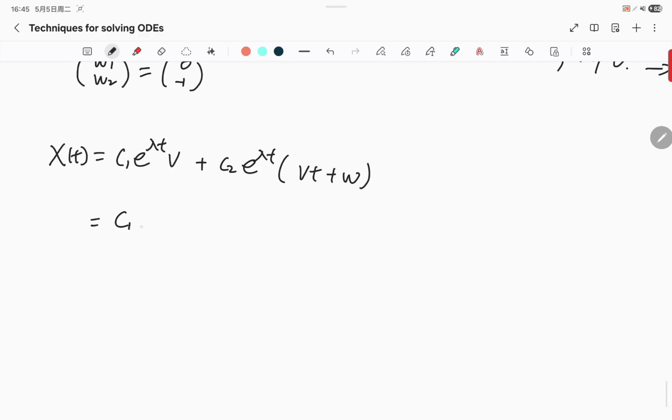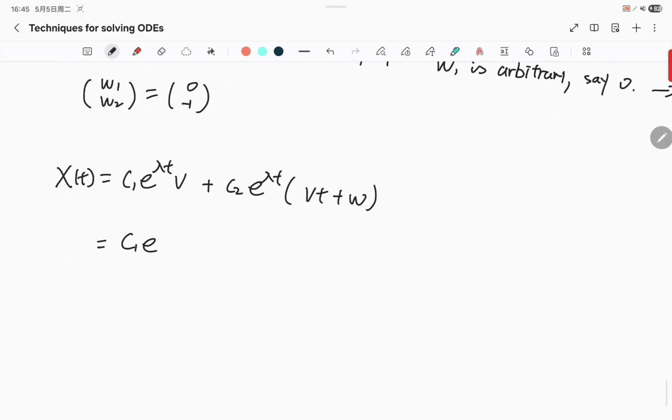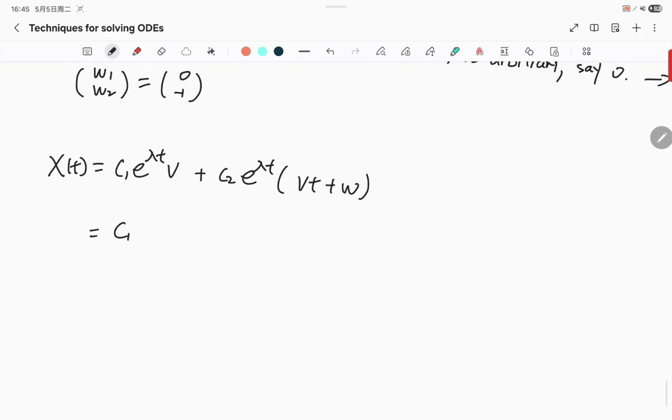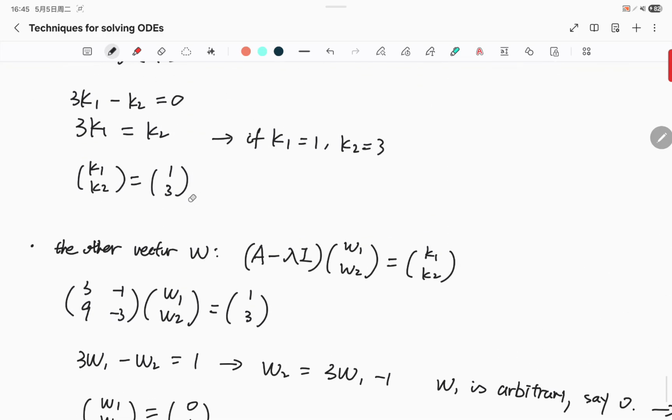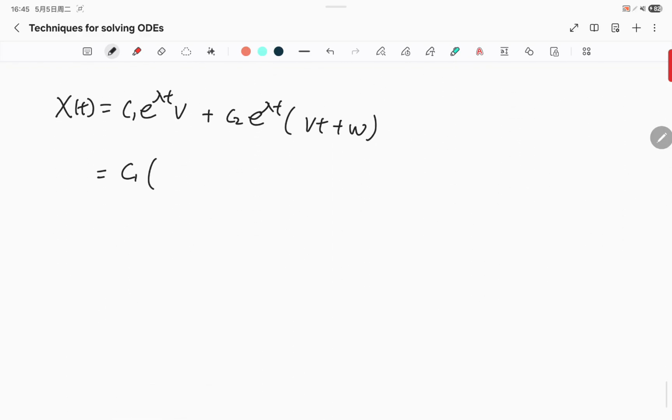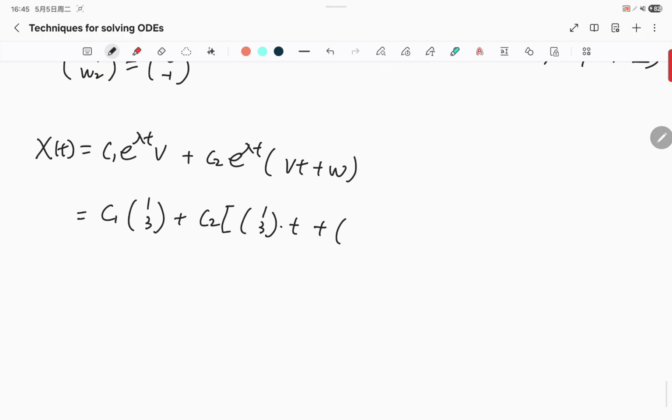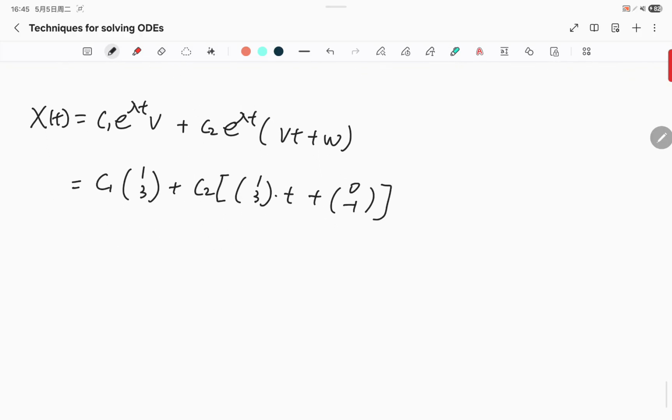So we have C1 e^(lambda t), lambda was 0, so this is basically 1 times V. V we found, this is my V. V stands for vector, (1, 3), plus C2, e^(lambda t) is gone because it's just 1. I have (1, 3) times t plus W we just found, (0, -1). Voila. You can introduce t inside, but I'm just too lazy.